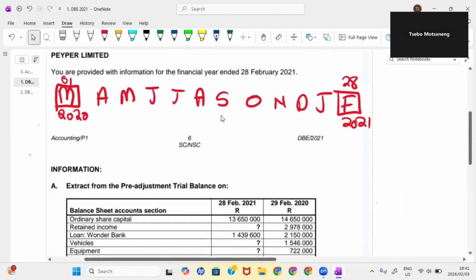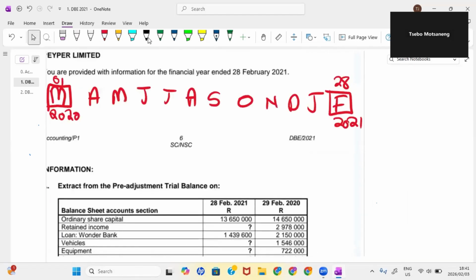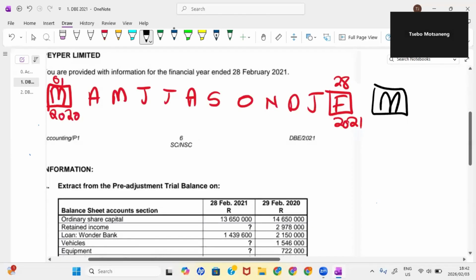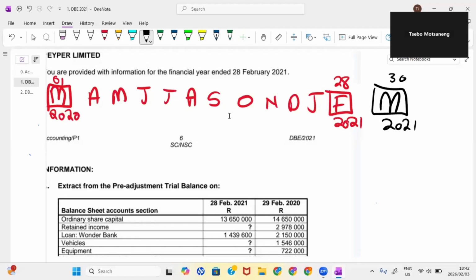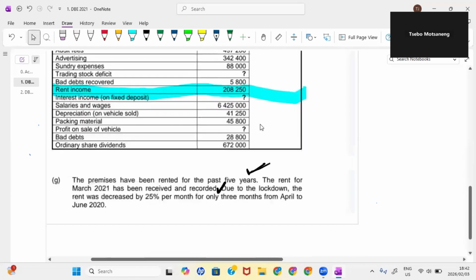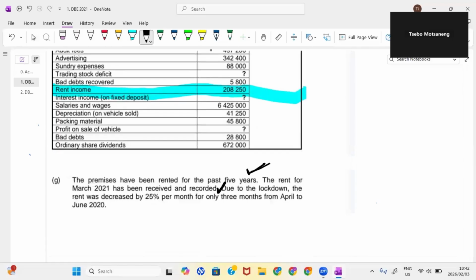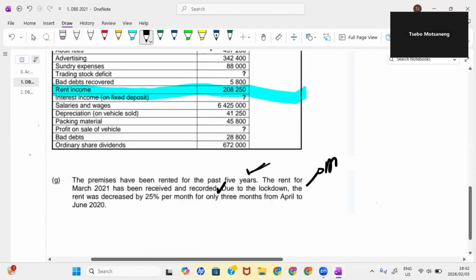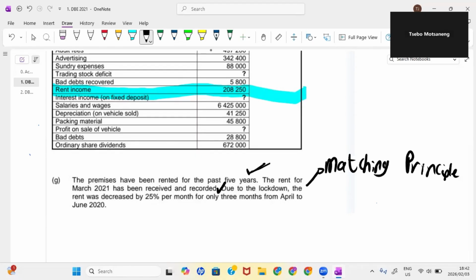So we need to write that down, that we also received rent up until 30 March 2021. So that's an extra month. So before I move forward, we already know that we are being tested for the matching principle. We have to subtract.